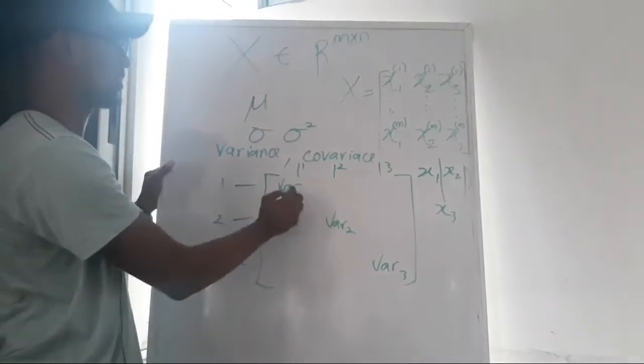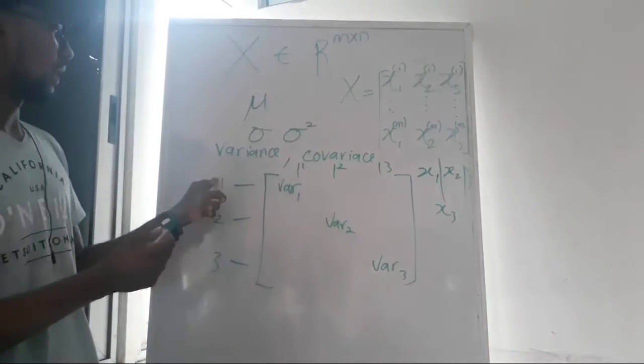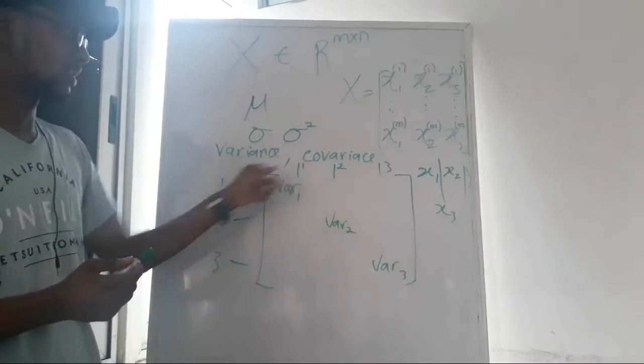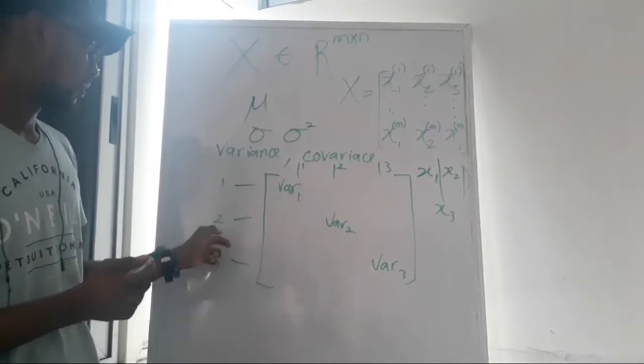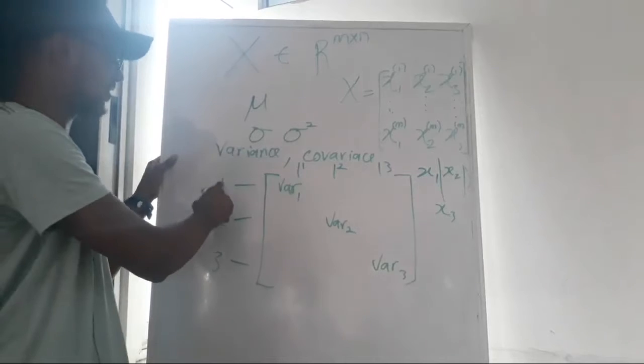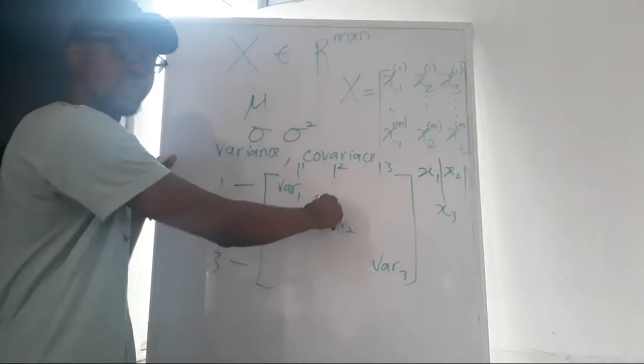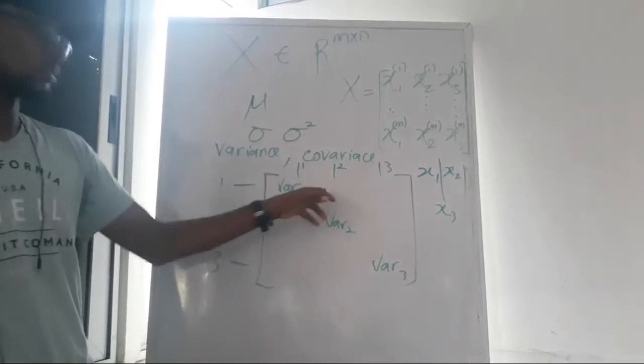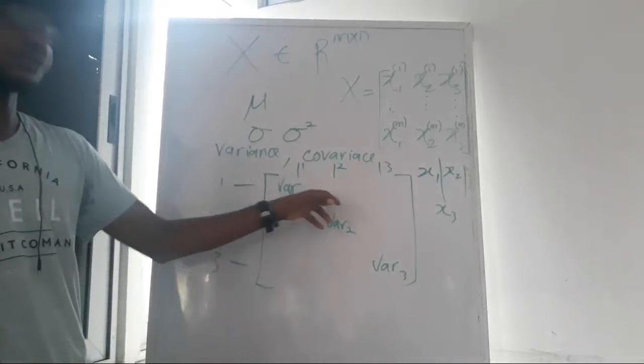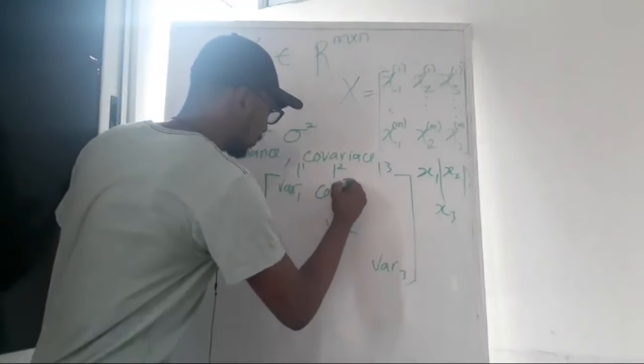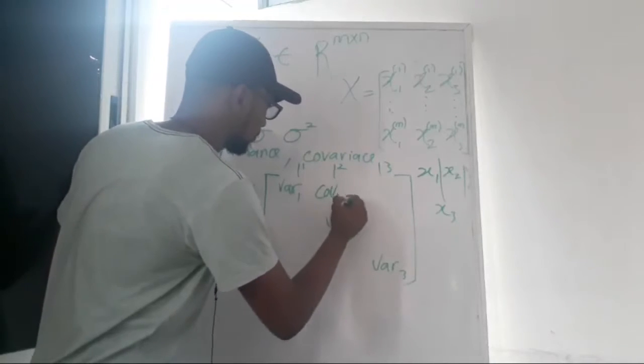Here I'm comparing the first feature with itself, so it's going to be a variance. But here I have the first feature and the second feature, so this is going to be the covariance of the first feature and the second feature, covariance 1, 2.